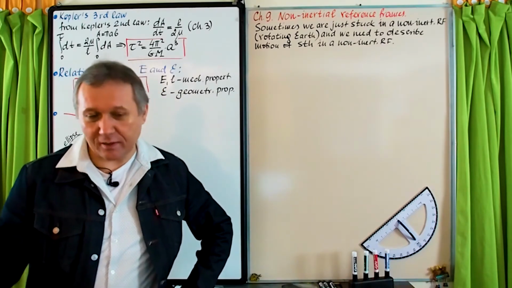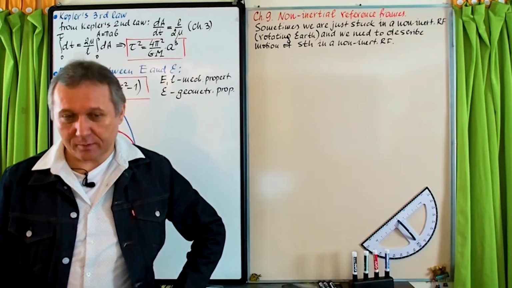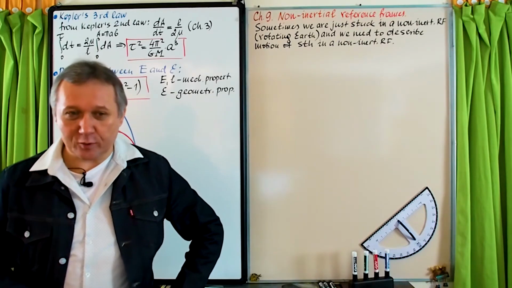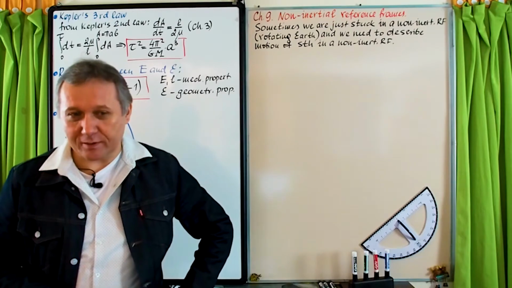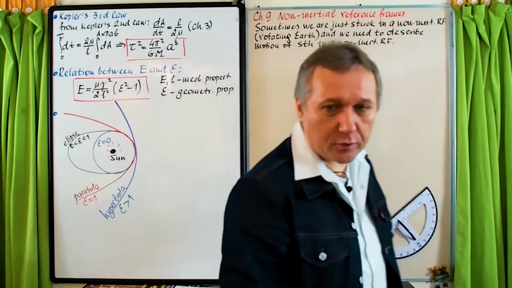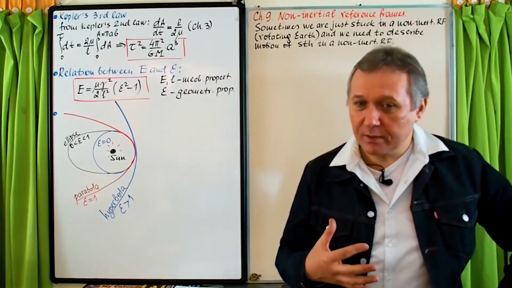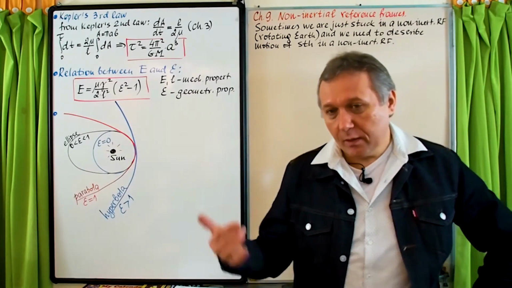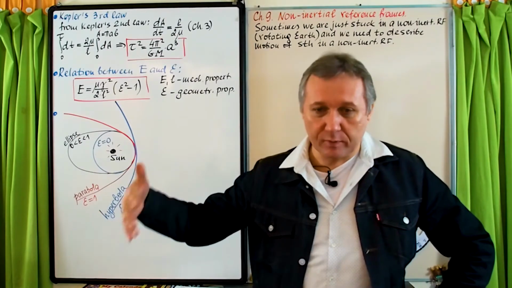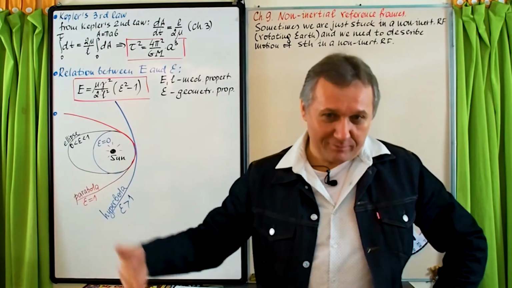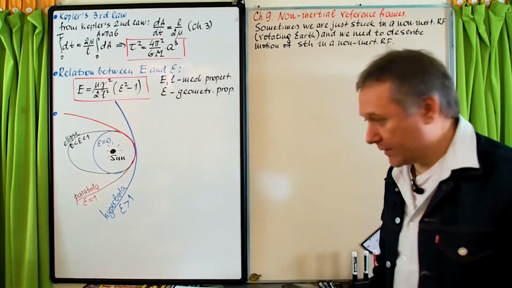You're going to miss targets all the time. But if it's something simple like shooting a bullet over a short period of time and a short distance, we can neglect the fact that we are in a non-inertial reference frame. But sometimes you cannot neglect it, because then your description of the process is going to be quite off from real life results.